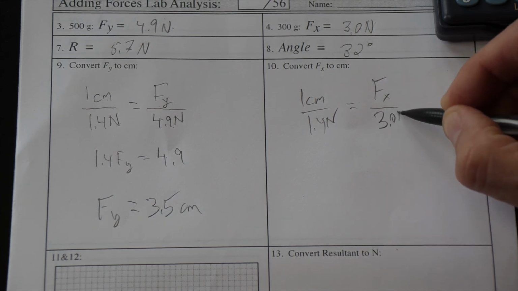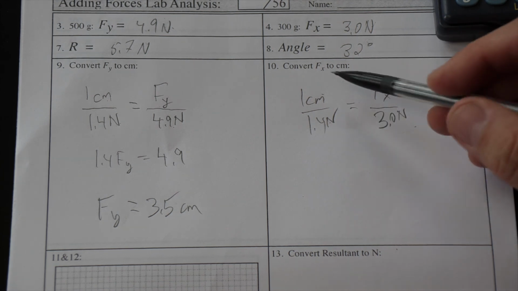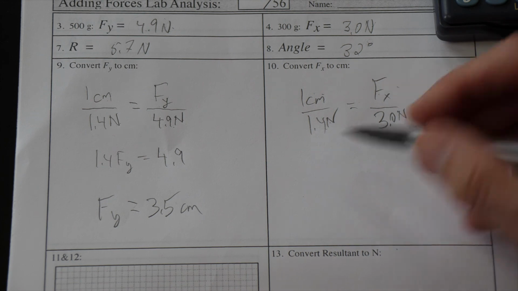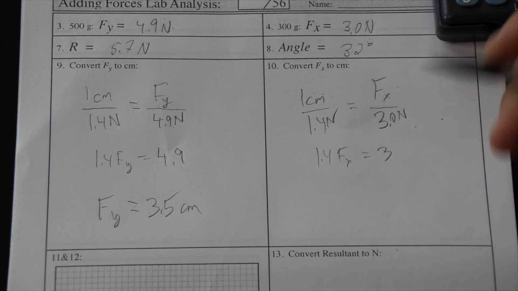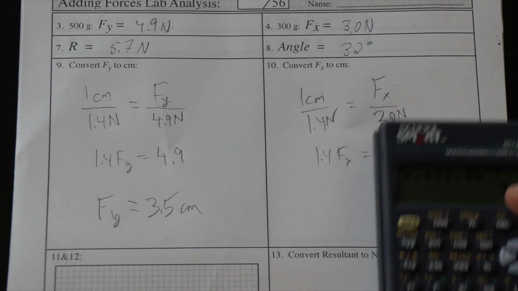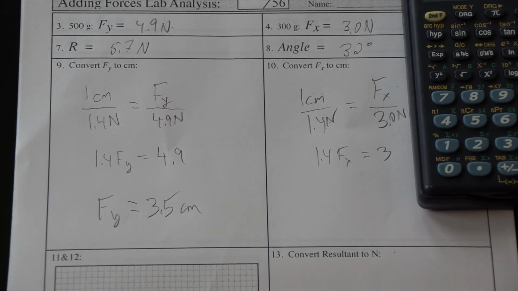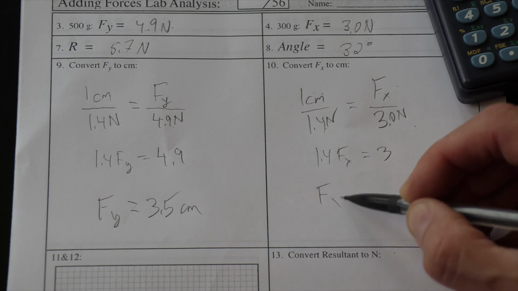I will use the ratio again. Centimeters over newtons, cross multiply 1.4 times Fx equals 3. Divide both sides by 1.4, so I'll do 3 divided by 1.4, and I get 2.14 centimeters for Fx.